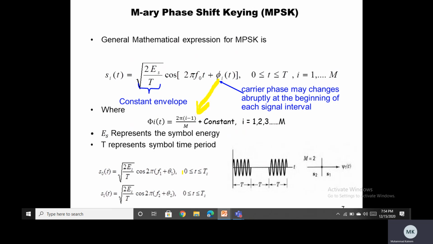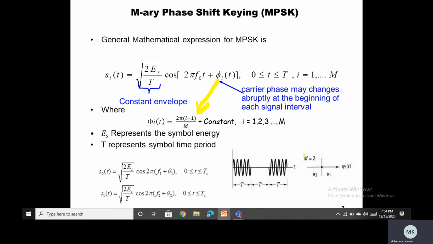And at the bottom, it shows two symbols in case of BPSK. So s0(t) shows the equation for symbol 1, and s1(t) is the wave equation for symbol 2, where theta 1 and theta 2 differ by pi in case of binary. And you could see one wave or one symbol, and then there's an abrupt change in the phase, and then another symbol is transmitted.